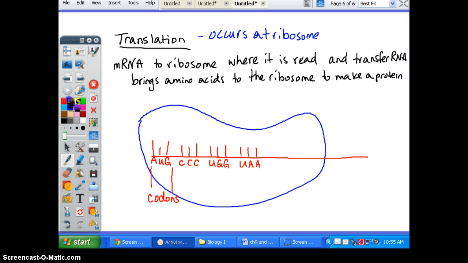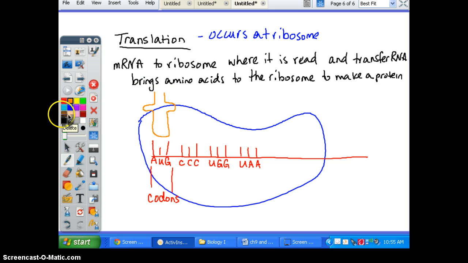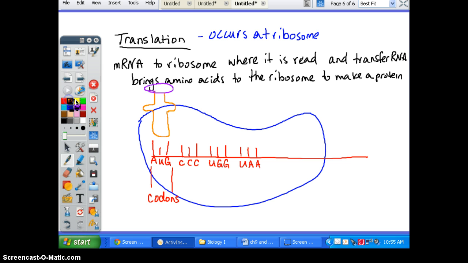So across from these letters are going to be a transfer RNA that comes in. It will have an amino acid at the top. Okay, so the transfer RNA comes in and it will match up across the letters that are supposed to be there.